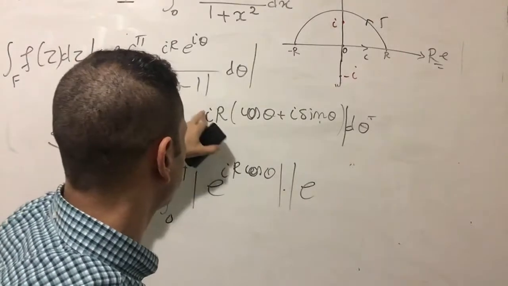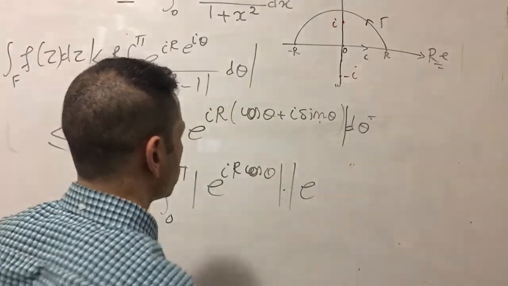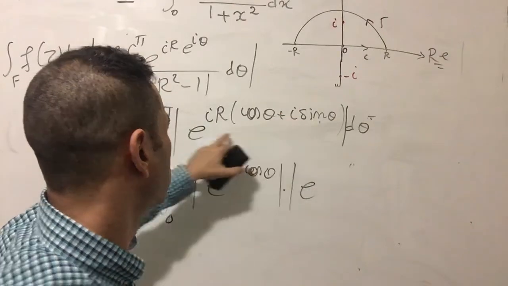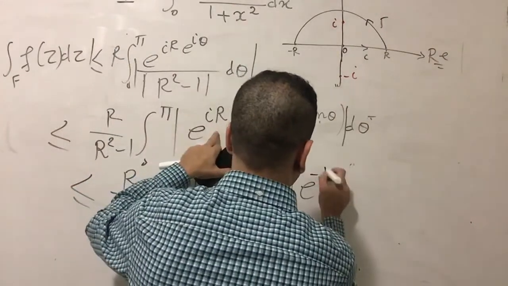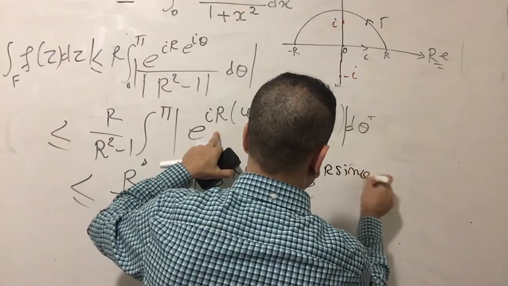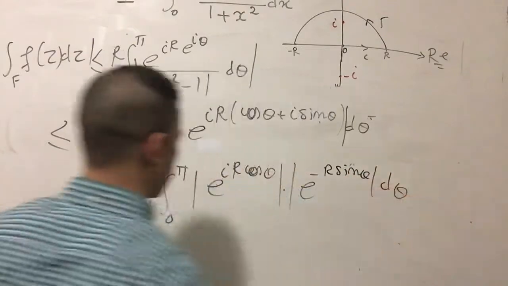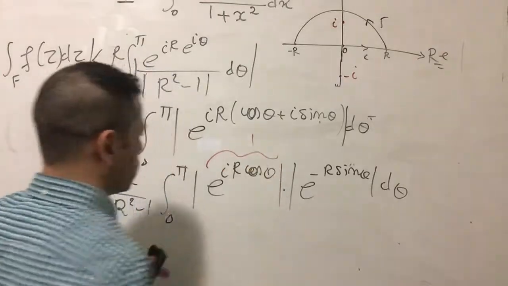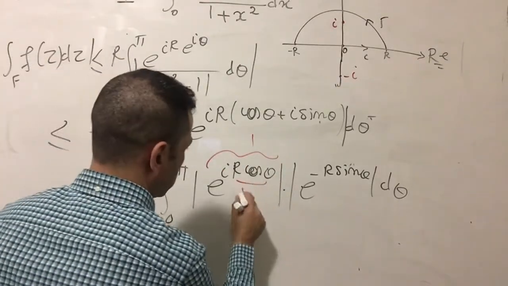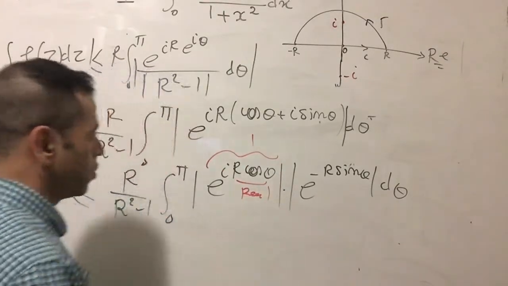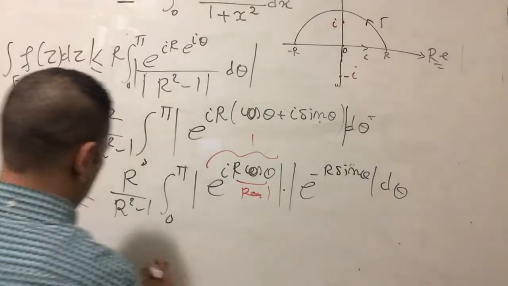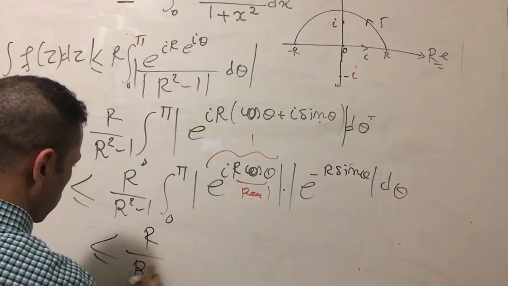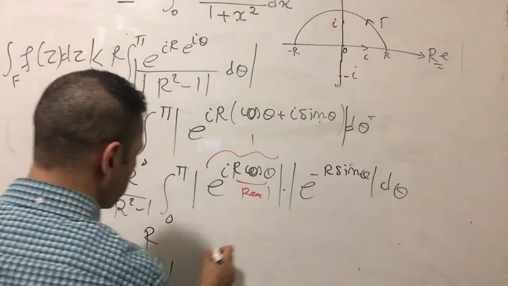I'm going to multiply i by i, which is i square, which is minus 1, so minus r sine theta, d theta. Okay, so if you take a look here, this one equals 1, because this is a real number. So this one is inferior or equal to r over r square minus 1.